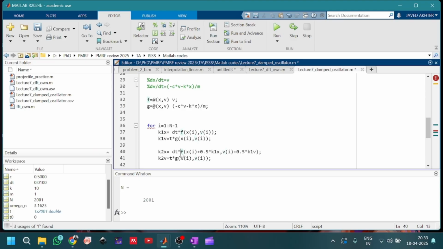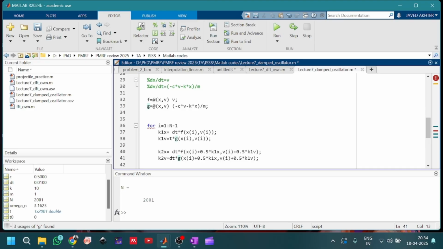For k2v, in place of f you will have to write g. All the other terms will be the same. So copy it. Here you will evaluate the function g at xi plus 0.5 k1x and vi plus 0.5 k1v.